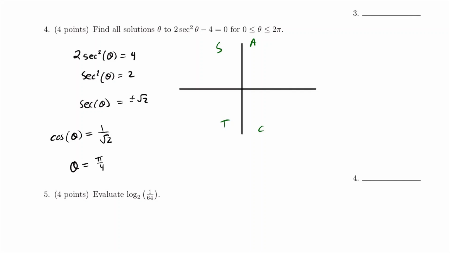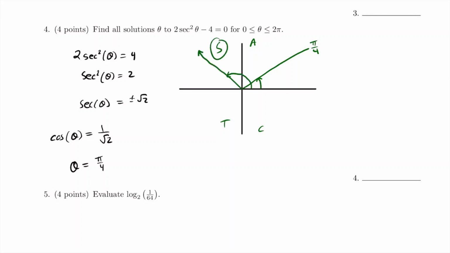So for secant, it will also be pi/4, because secant you can rewrite as 1/cosine. So in the first quadrant, we get the positive solution. So this is right here. Now we know this has to be pi/4. So that's one solution.